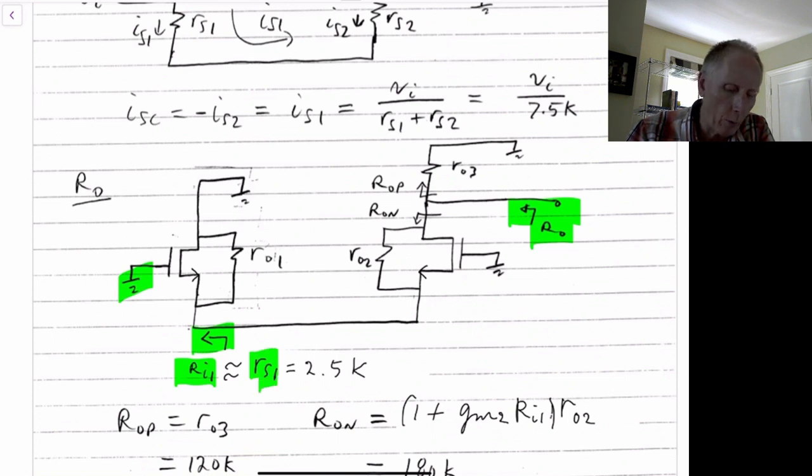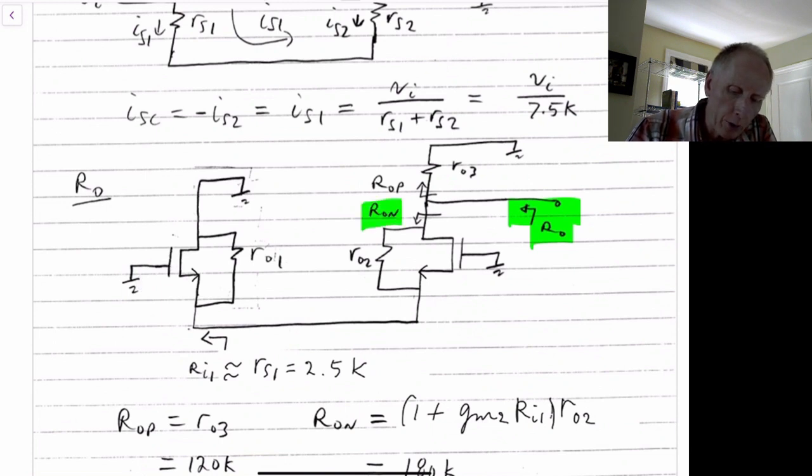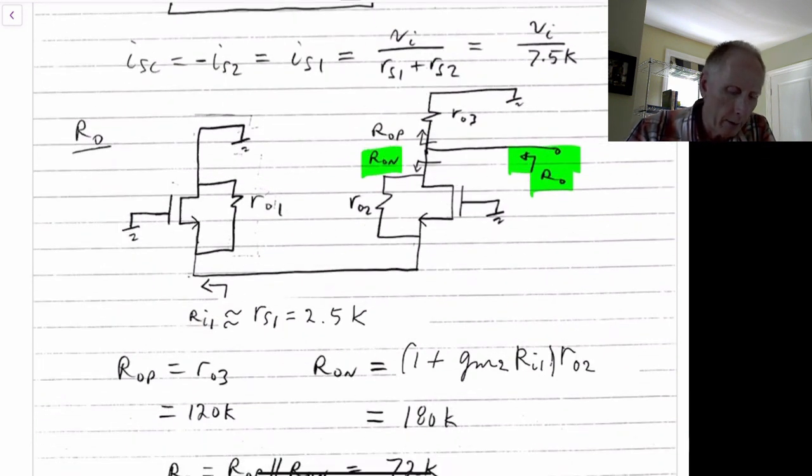So that's about 2.5 kilo ohms. Then we have that RON is given by 1 plus GM2 times RI1, which we just found, multiplied by RO2.